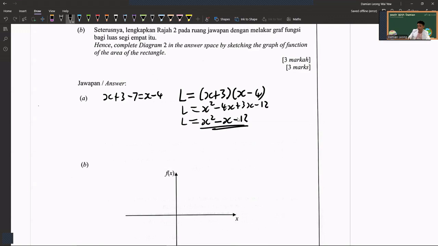So if x plus 3 equals 0, x is negative 3; x minus 4 is 0, which means x is 4. These are the two x-intercepts, when L is 0. So I have negative 3 and 4. a is positive, so it's a U-shaped curve. We just sketch out a U-shaped curve.